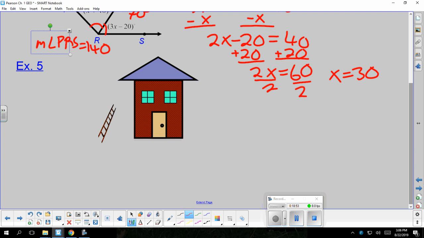So again, impressing you with the magic of the smart board, we have a ladder. What the heck? Amazing. Kind of looks weird. All right, so we have a 20-foot ladder that is 8 feet from the house. I want to know how far up the house I can reach so I can see if I can paint all the way up.